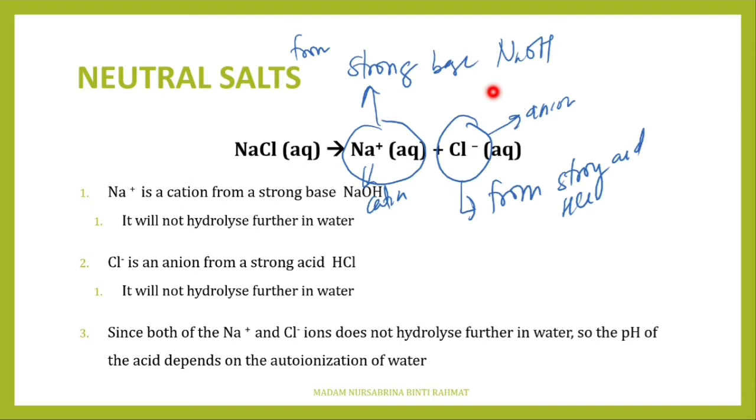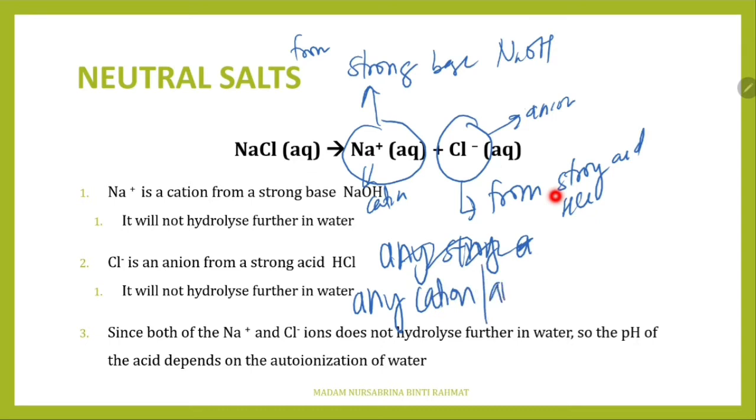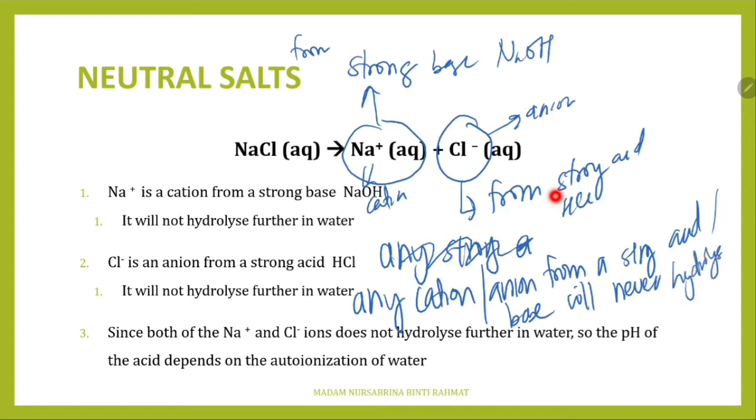Any anion or any cation that comes from a strong acid or strong base will never hydrolyze again in water. So remember that. I'm going to write it down: any cation or anion from a strong acid or base will never ever hydrolyze again in water.